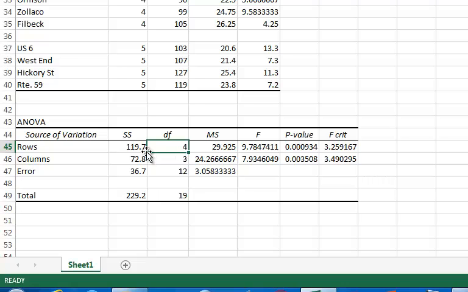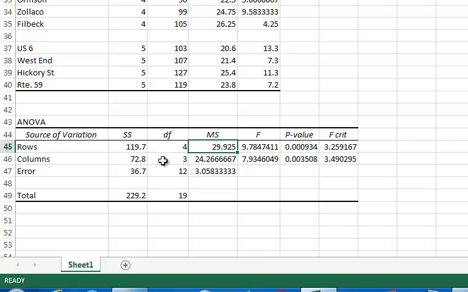If you follow the instructions in the book, in formula 12.6, you can calculate this number by using the corresponding formula shown on pages 400 and 401. But in Excel, you can obtain it directly. So you take the sum of squares of the rows divided by the degrees of freedom, which are b minus 1, 5 drivers minus 1, 4, and you obtain the mean square of the rows, which is a variance measure coming from the rows.